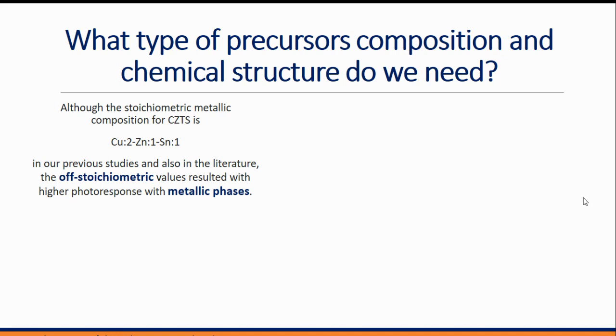And we are interested in what type of precursor composition and chemical structure we should manufacture to get better results. In the literature, we know that stoichiometric values have been better when it comes to photoresponse and solar cell applications, through investigations of the metallic phases.